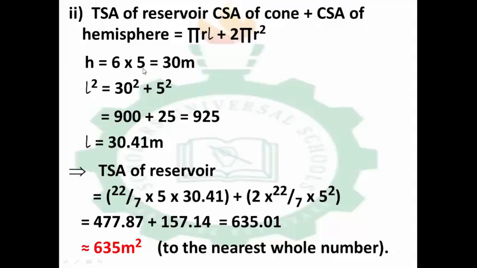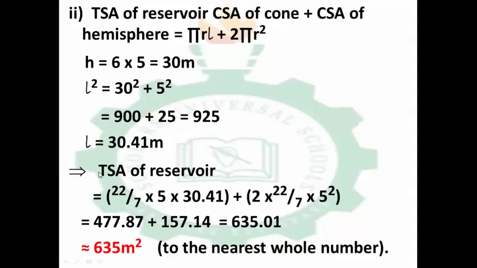Then the total surface area of the reservoir is going to be 22 over 7 times 5 times 30.41, and this represents the curved surface area of the cone. Now the curved surface area of the hemisphere will give you 2 times 22 over 7 times 5 square.